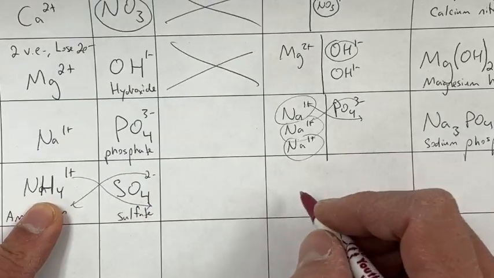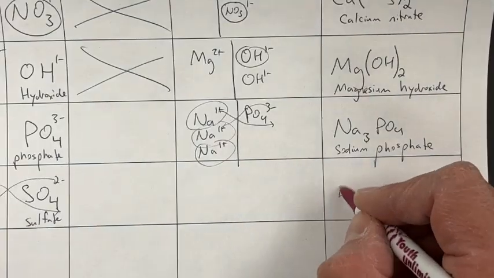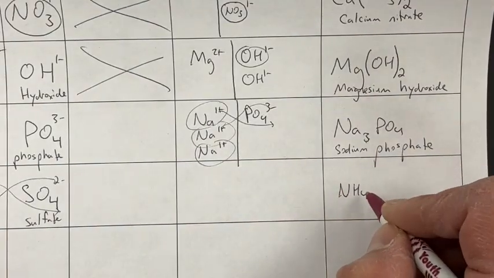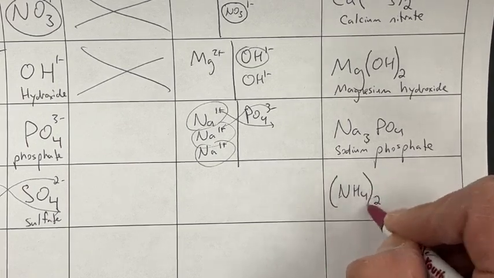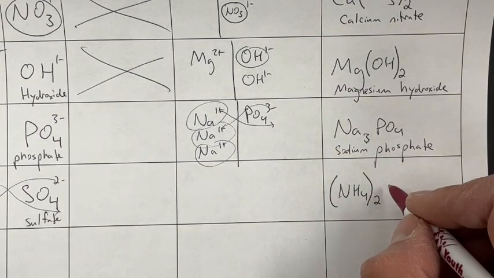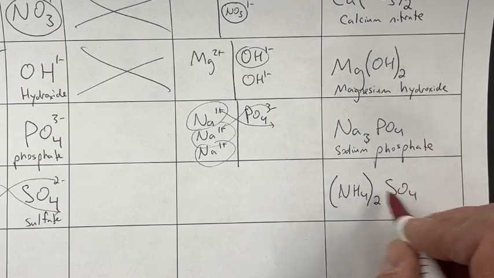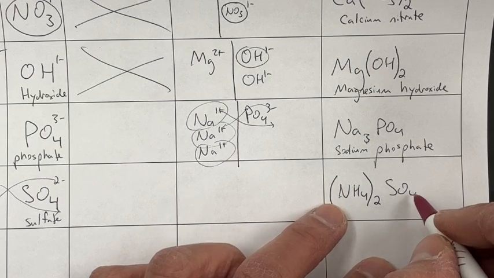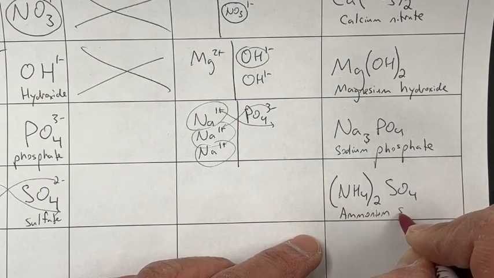That would be NH4, and there's 2 of them, but because this is a whole group, I'm going to put this in parentheses. And then it's SO4, and nothing on the outside because there's no number, it's only 1 of them, and this is ammonium sulfate.